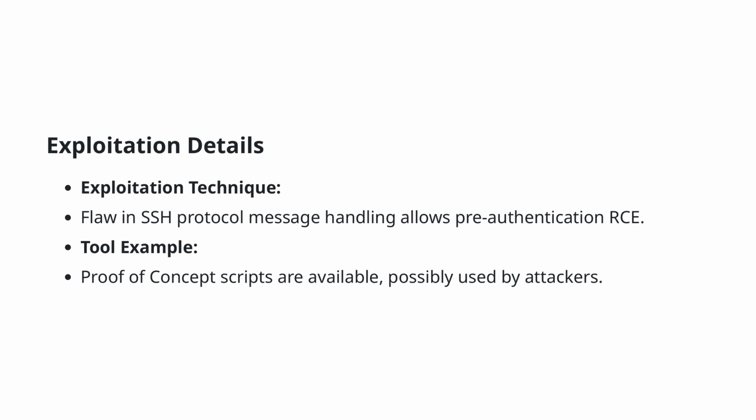It's worth noting that proof-of-concept scripts that illustrate this exploitation technique are available. Such scripts, while often intended for testing and educational purposes, can also be used by attackers to exploit the flaw in unpatched systems. Understanding the exploitation process is key in assessing the risk and urgency of addressing this vulnerability.